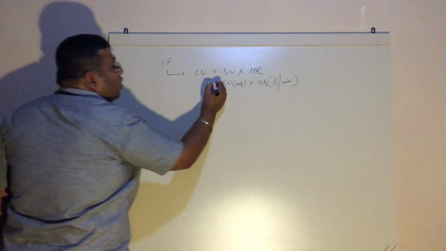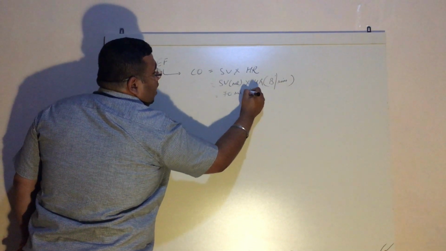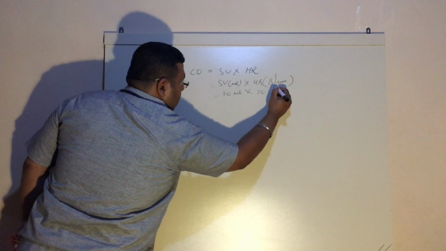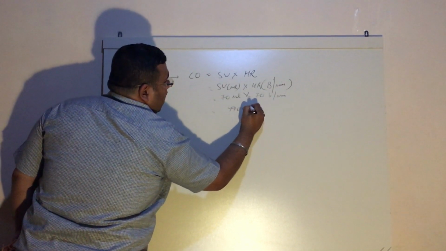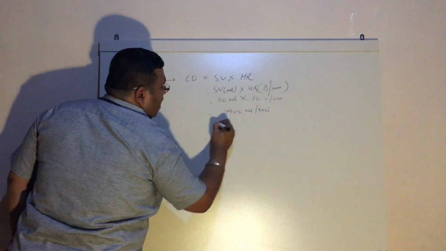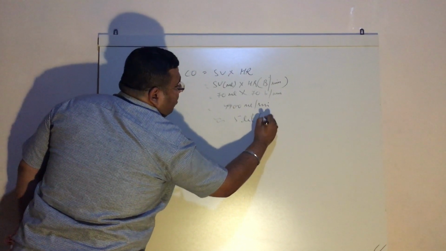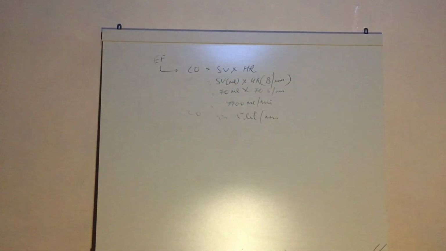So let's say if the stroke volume is about 70 ml and the heart rate is also 70 beats per minute, it is roughly 4900 ml per minute, which is approximately 5 liters of blood per minute, which is the cardiac output.